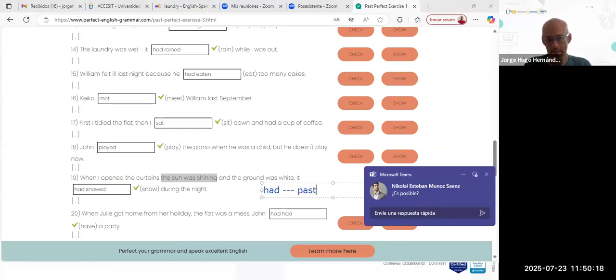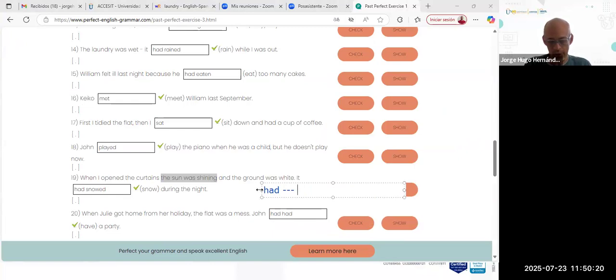The first had is the auxiliary, with the meaning of haber. And the second had is the verb with the meaning tener. Okay? When we find two hads like this, the first one means haber, the second one means tener.